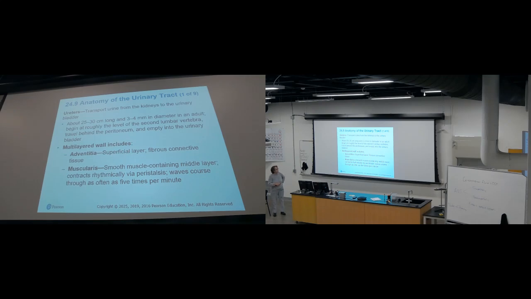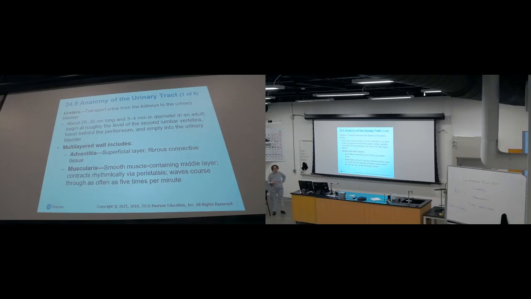And that's in the adult, and they begin at the level of the second lumbar vertebra, and then they travel behind the peritoneum to connect the upper part and posterior part of the urinary bladder.